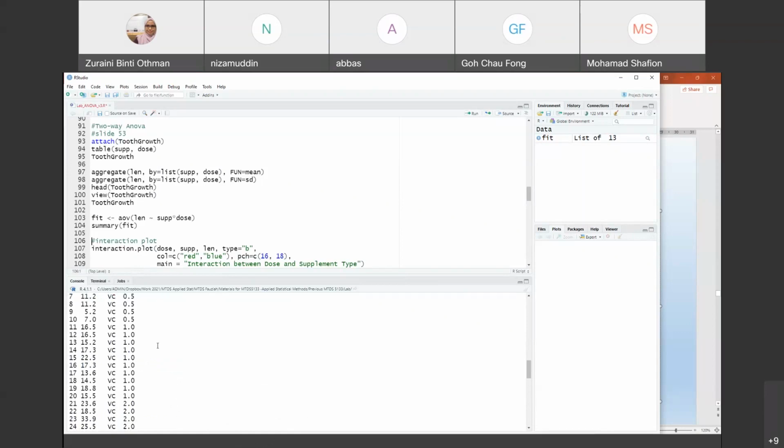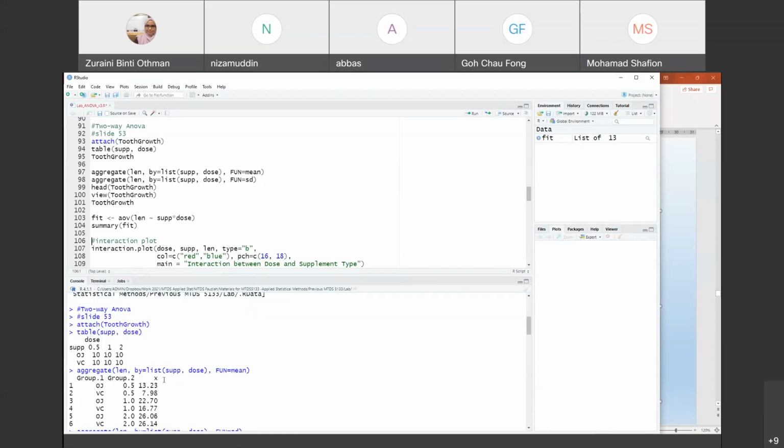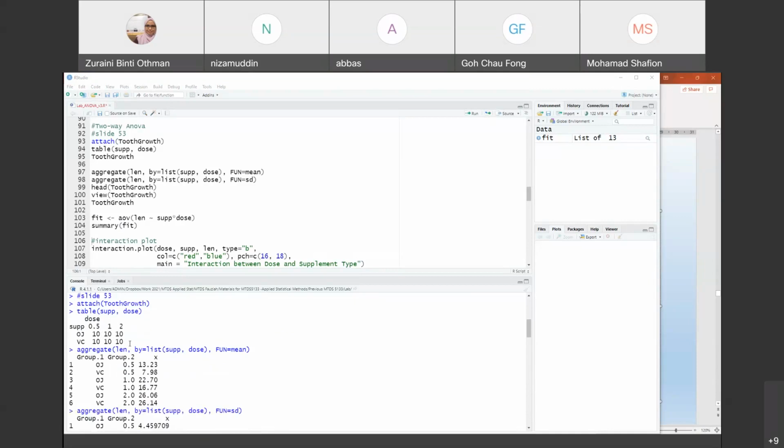Let us look in terms of group distribution. From this table we notice that the data is balanced. The design of our study is balanced because there is equal sample size in each group, and the aggregate provides the same mean and standard deviation.